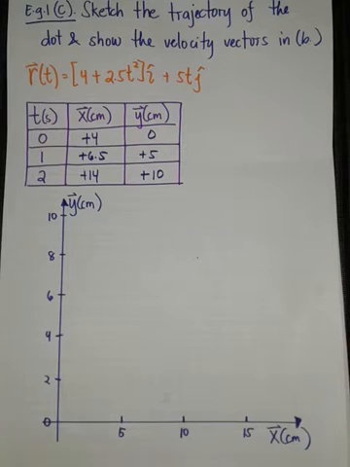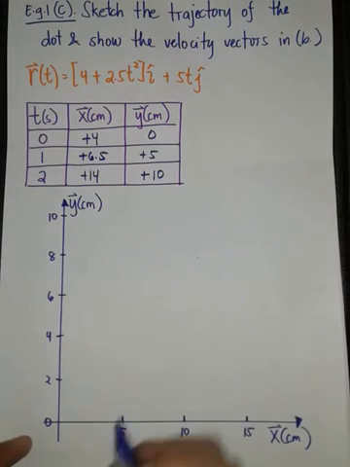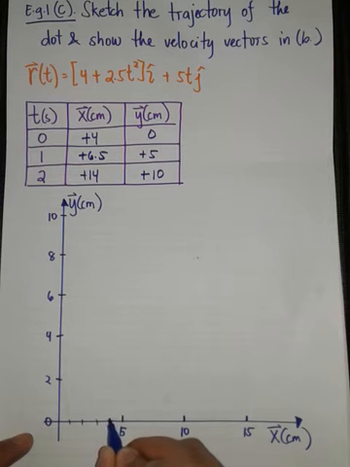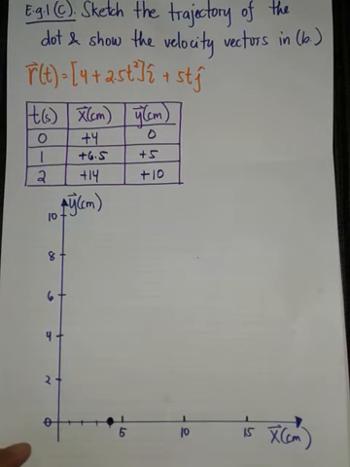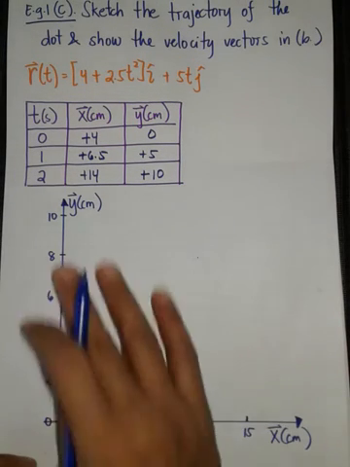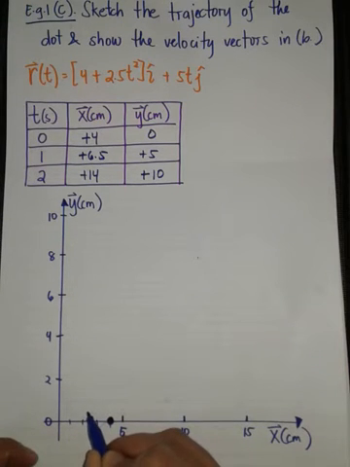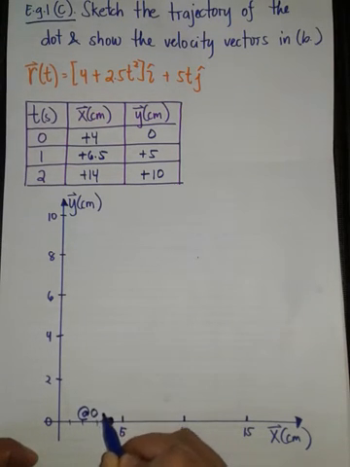Let's plot positive 4, 0. If this is 1, 2, 3, 4, here is our dot. If this is the screen, at the start of the timer, the dot is here. In the sketch of the trajectory, we put the element of time, so we label this when time is 0 seconds.